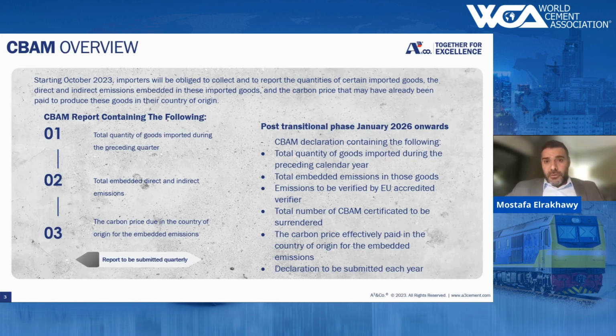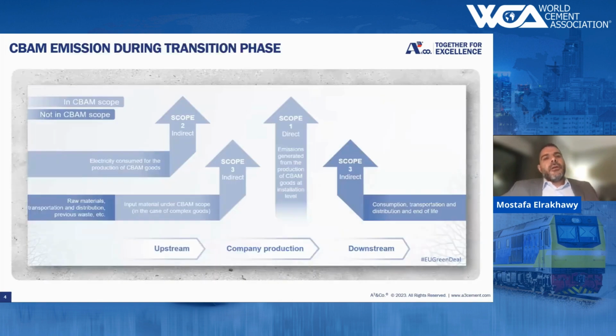In the post-transitional phase, starting January 2026 and onwards, these reports should also be verified. They should be very detailed reports. They are already very detailed reports, and they should be verified by an accredited EU verifier. And the companies will start paying for their extra carbon emissions.